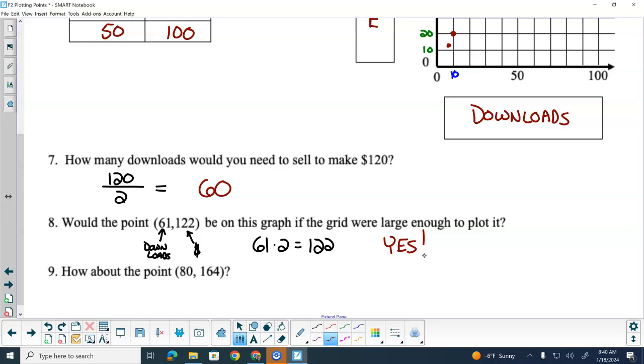What did we do with our downloads to find money? Okay, so what's 80 times 2? What's 8 times 2? 16. Add another 0. 160.